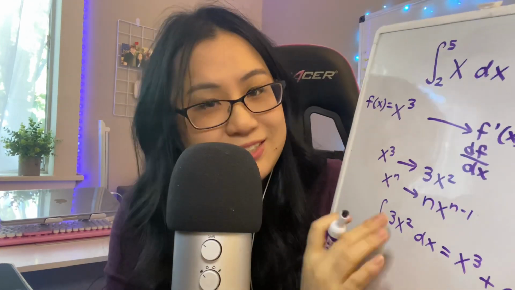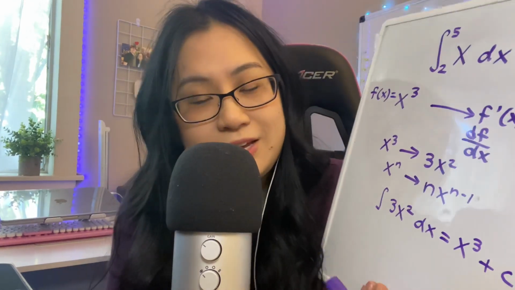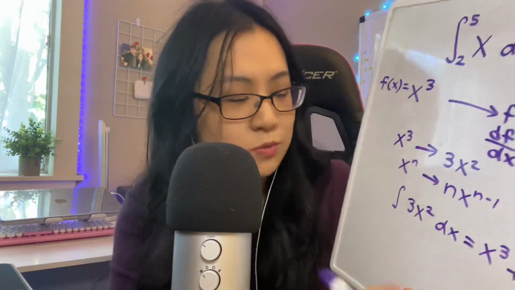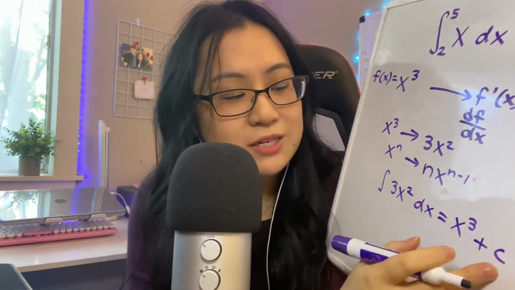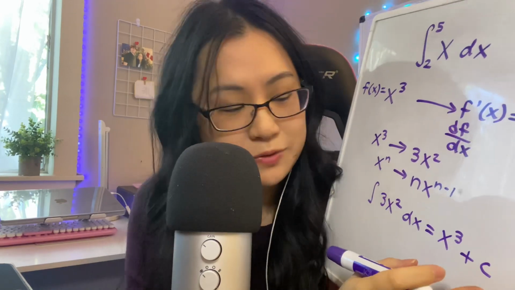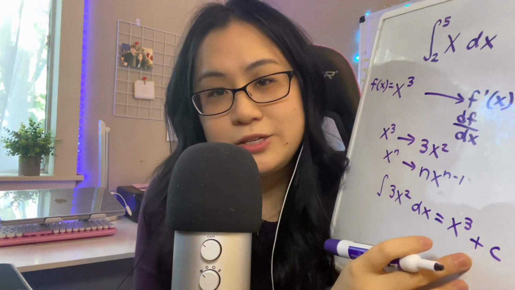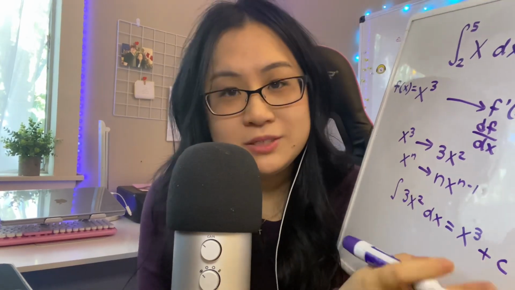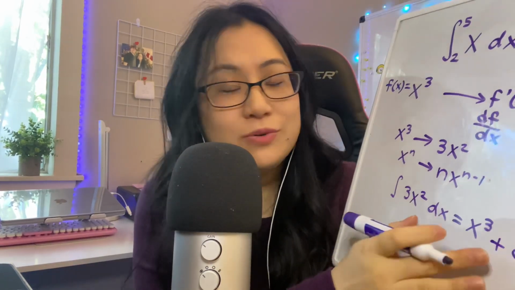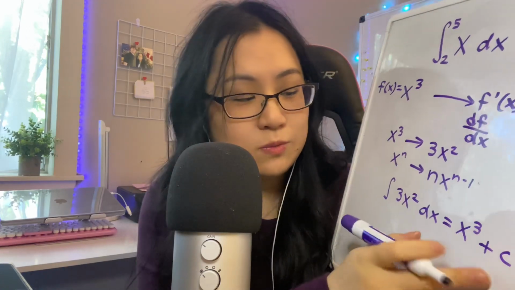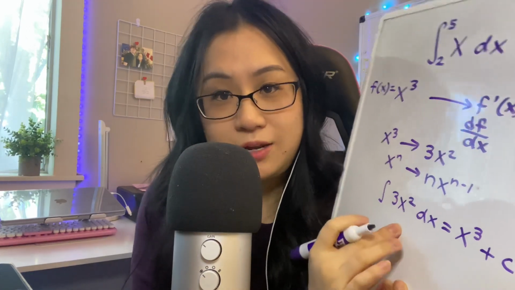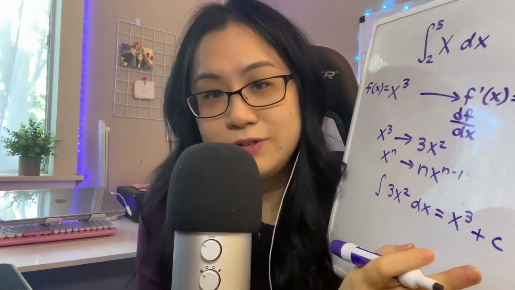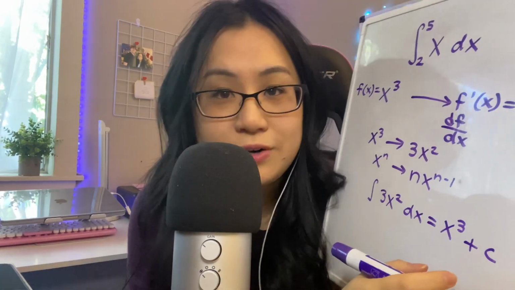So technically, x cubed is not the only integral with open bounds like this. Any constant here, like x cubed plus 7 or x cubed minus pi or x cubed plus 10,000, the derivative of that would give me 3x squared anyway, because the derivative of any constant is 0.